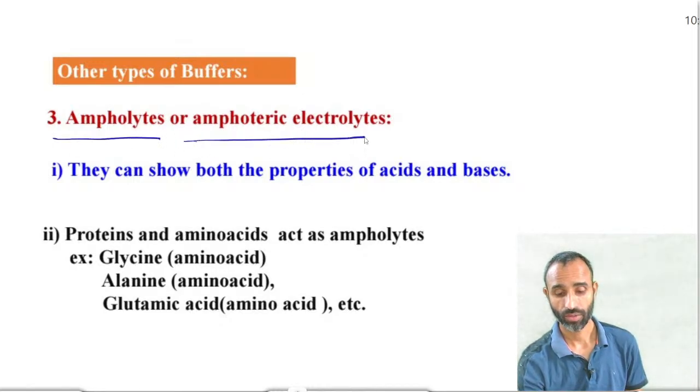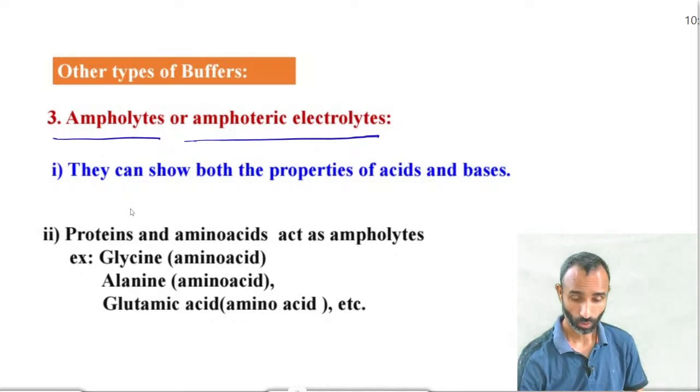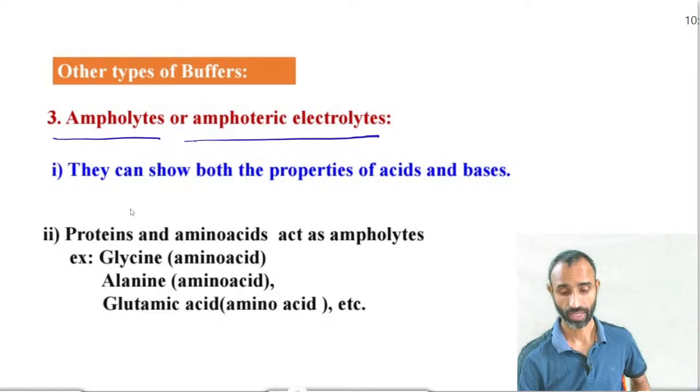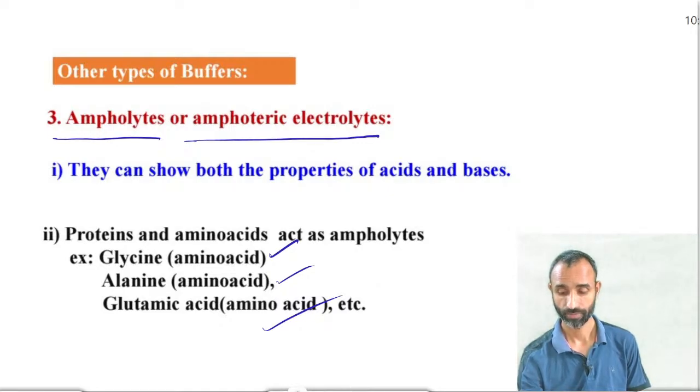Ampholytes or amphoteric electrolytes can show both properties of acids as well as base, like proteins and amino acids act as ampholytes. See, glycine, alanine, glutamic acid.